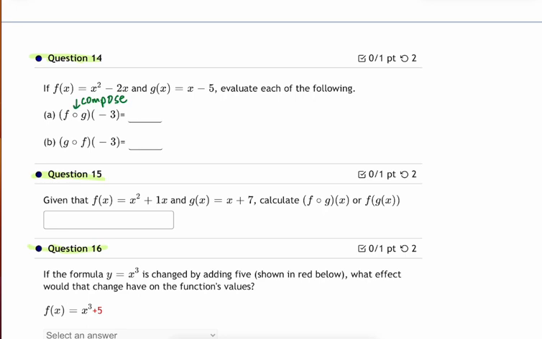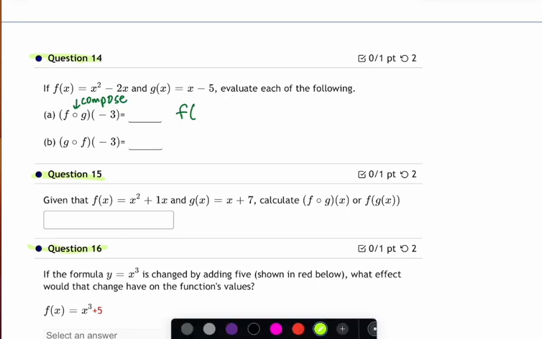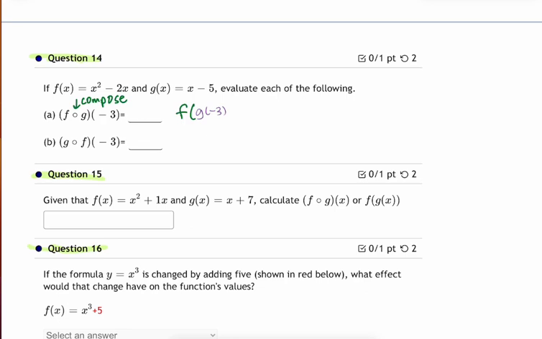So that really means f of g of -3. F of g of -3. So that means if we work from the inside out, we're going to plug -3 into g, which is this function right here. -3 minus 5 is -8. We're going to get that answer of -8.